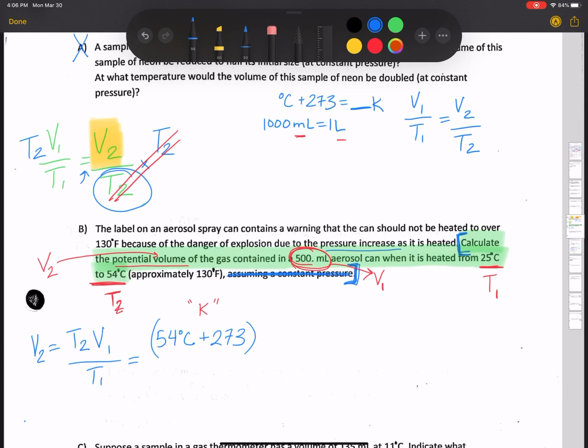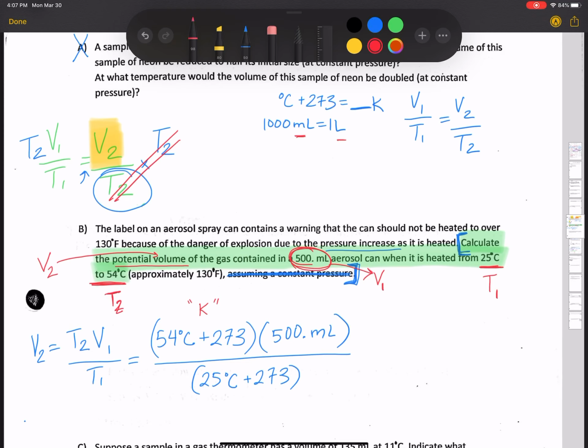I'm going to go back now and multiply by my V1. My V1, remember I labeled that from my question. My V1 was 500 point milliliters. So that's now my numerator. I can go ahead and move on to my denominator, which in this question, I'm going to have 25 degrees Celsius. Again, I have to get it out of Celsius and into Kelvin. So I'm going to say plus 273.